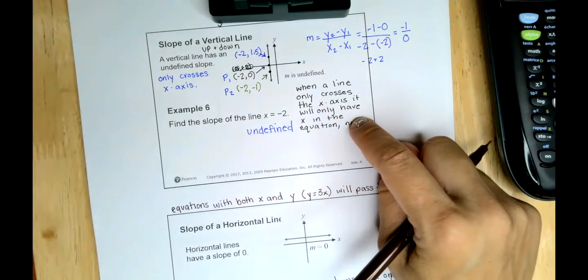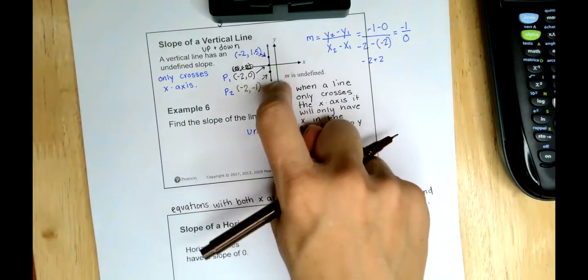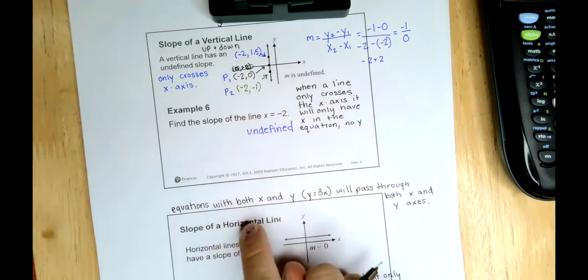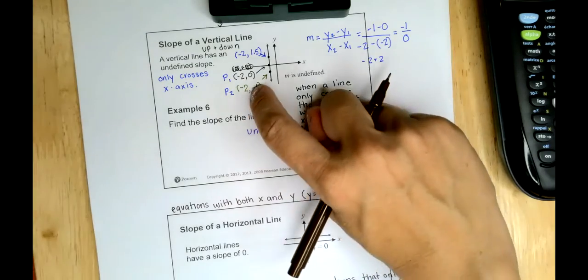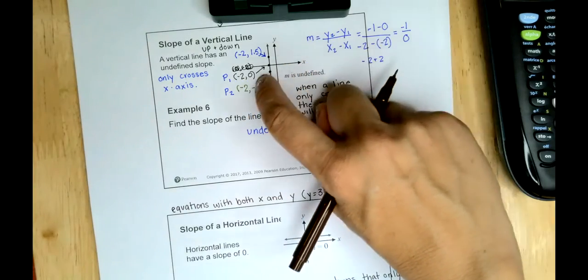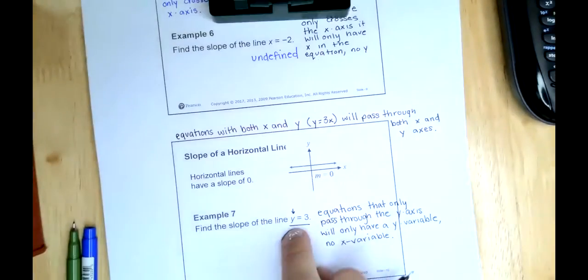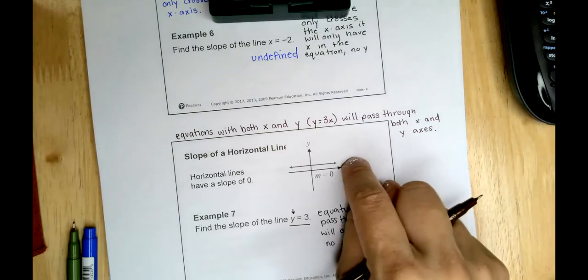That makes sense? So if I only see an x, I know it's only going to pass through x. If I see x and y, I know it's going to pass through x and y. If I only see y equals, it's only going to pass through y.